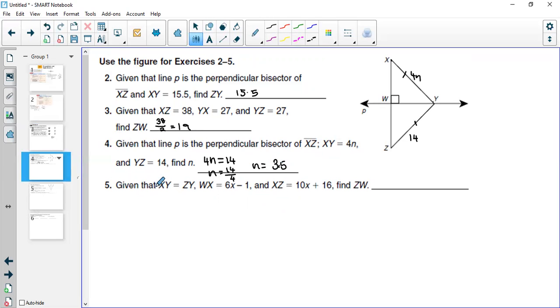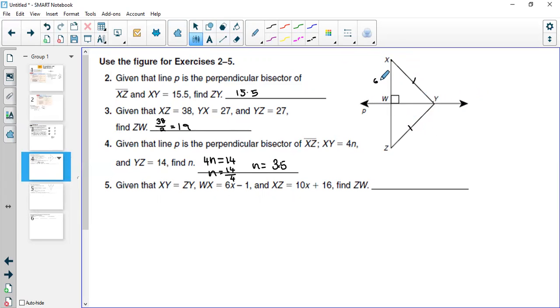Next question. Given that XY equals ZY, let me show that in the picture for you. XY equals ZY, this is equal to this.